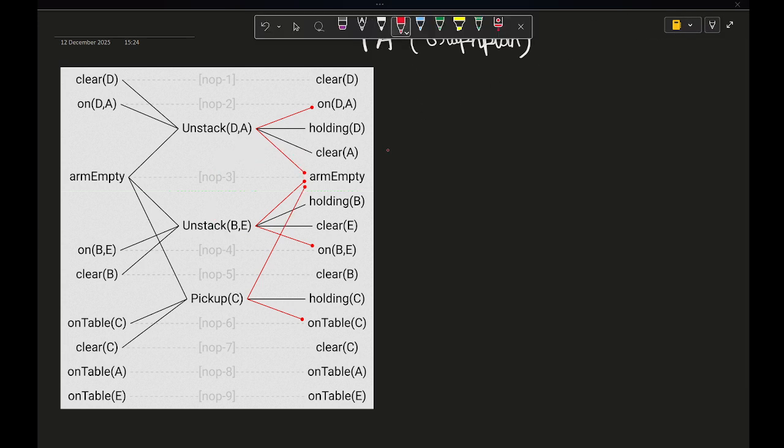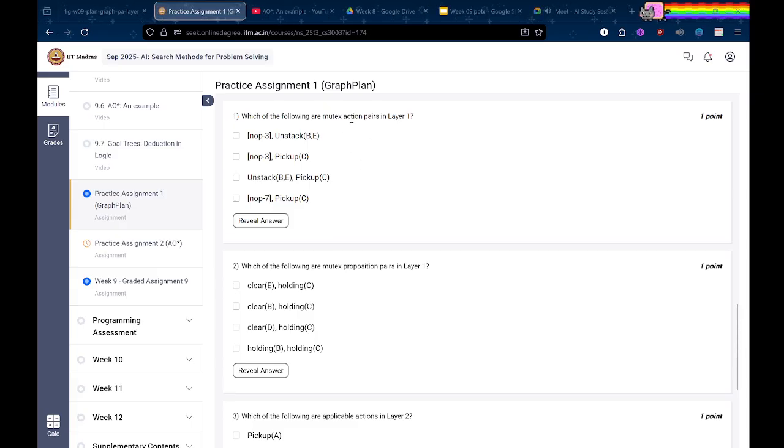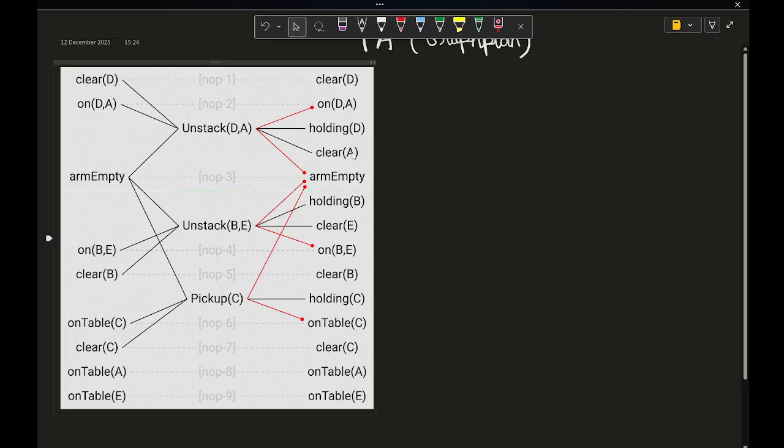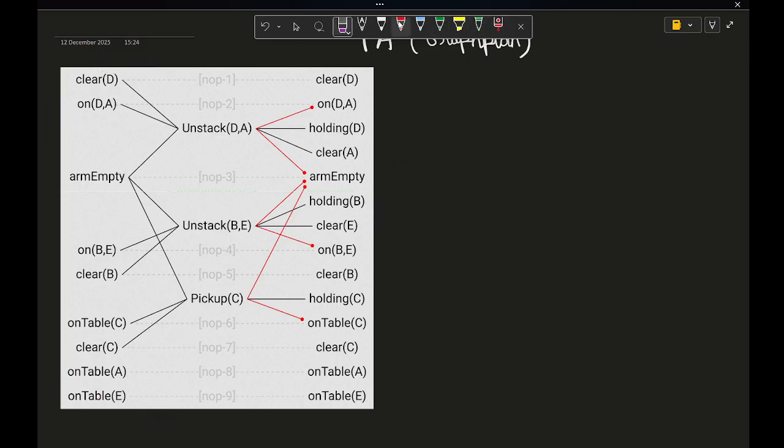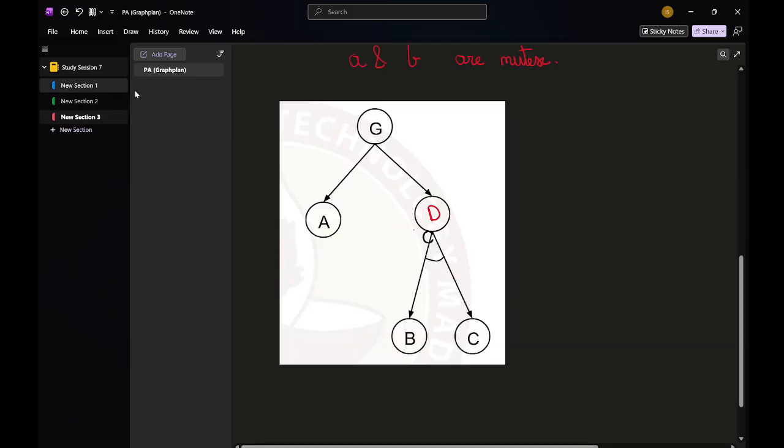Okay. So the question basically asks which of the following are mutex action pairs in layer 1. This thing is layer 1. So we need to find mutex action pairs in this layer. Again, how do we say that something is mutex?